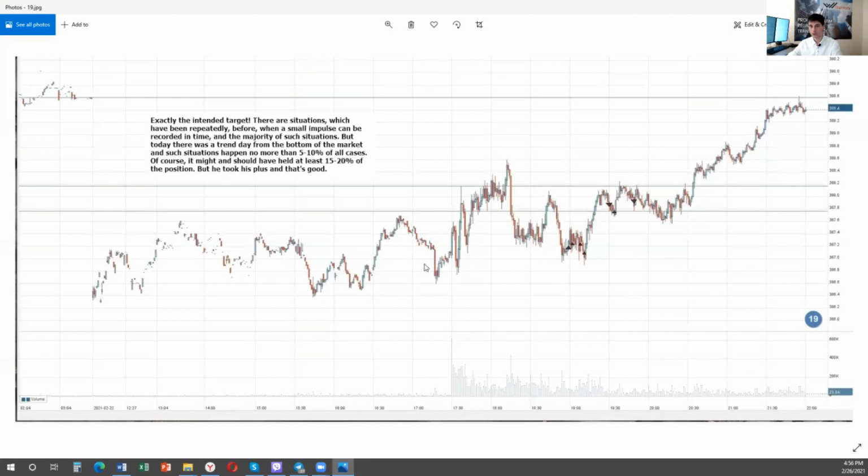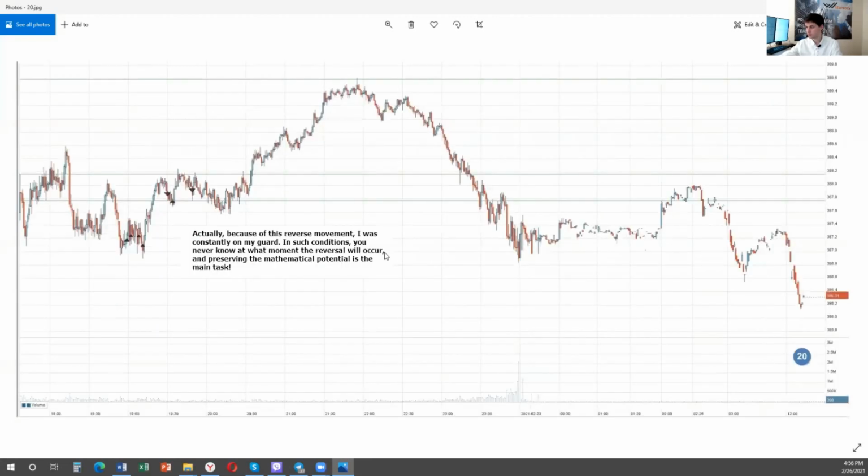Okay. Now look at the post-factum moment in figure 20. That is why I had to be on my guard all the time in order not to miss the accumulated profit. Exactly, after the fact, one can hear clever comments that it is possible to buy an excellent 387 here.